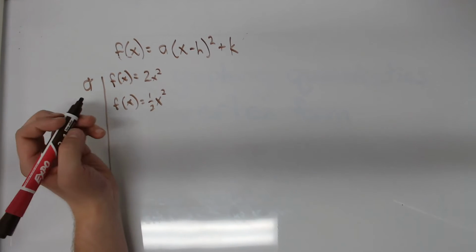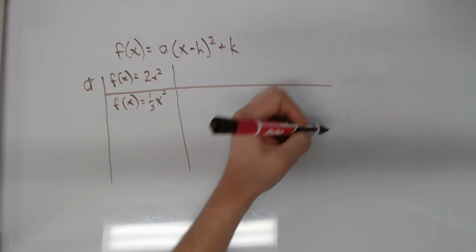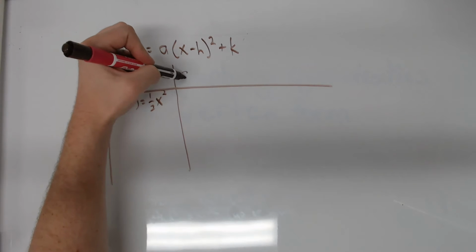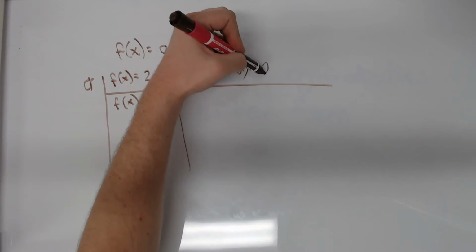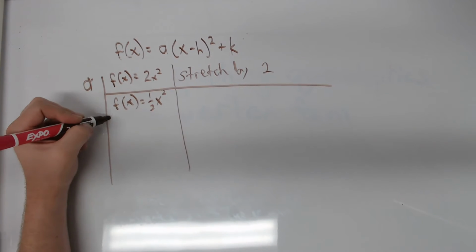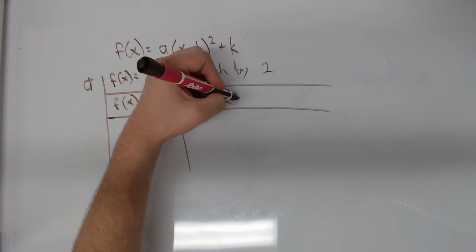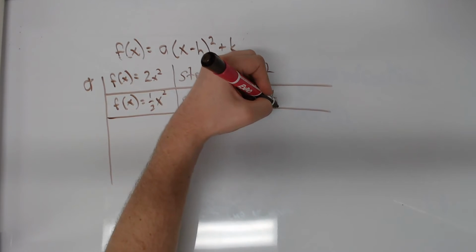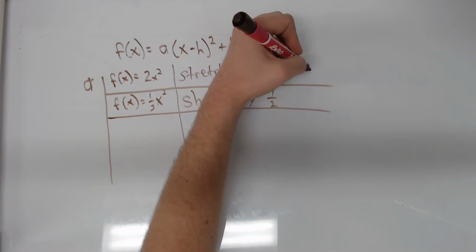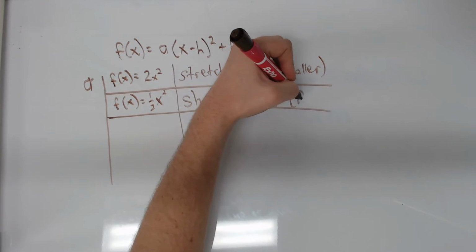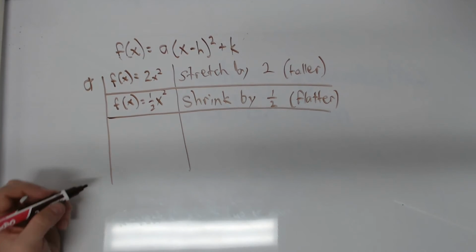Just something multiplied in front. So the 2x squared is a stretch by a factor of 2. Stretch by 2. The 1/2 x squared is a shrink by a half. So this one's going to be taller. This one's going to be flatter. So those are two options.